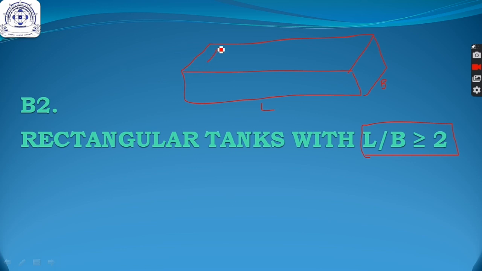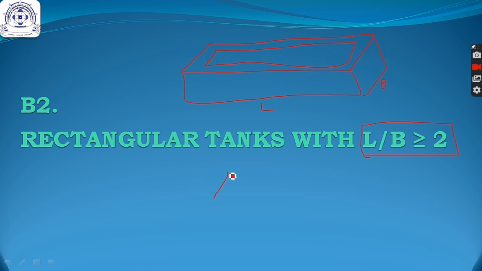In the previous case, what we assumed was that the long walls are supported on the short walls, and the short wall is supported on these two long walls. This long wall is supported on both these short walls.